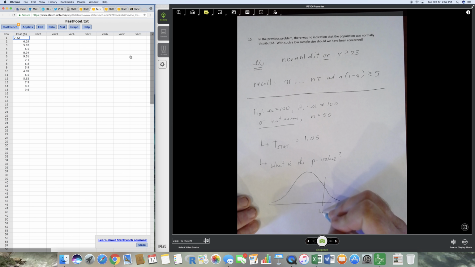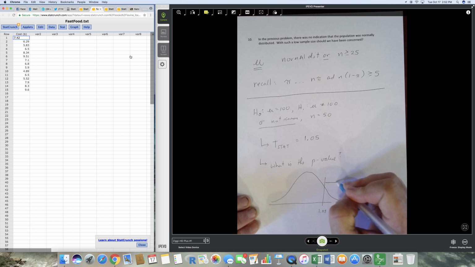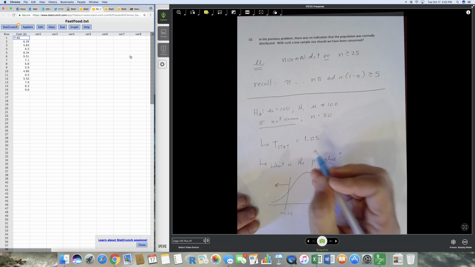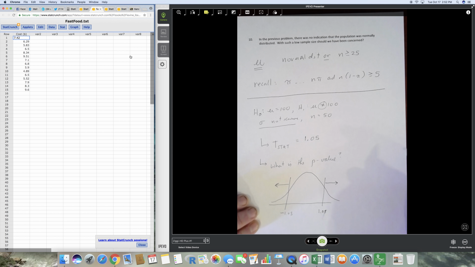I'm going to come to 1.05 and find the area to the right, because I have to come to negative 1.05 and find the area to the left, again because it's a two-tailed test. If I find this area right here, not to be confused with the rejection region, this is a p-value. Rejection region looks at the area to the right and left of the critical values. This is the test statistic, which is something different.